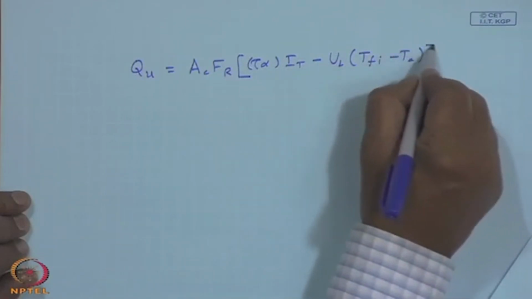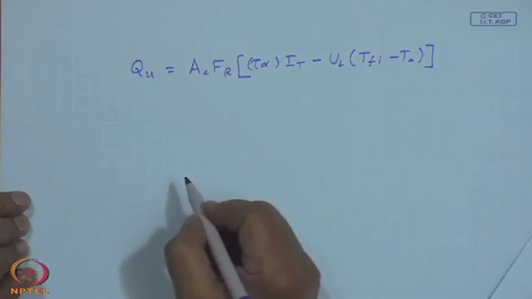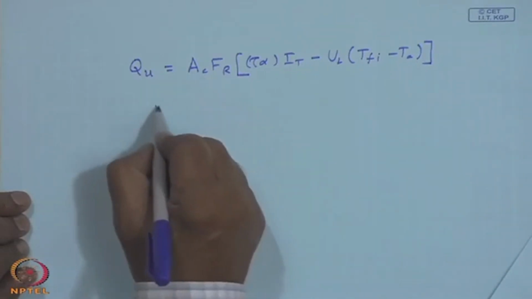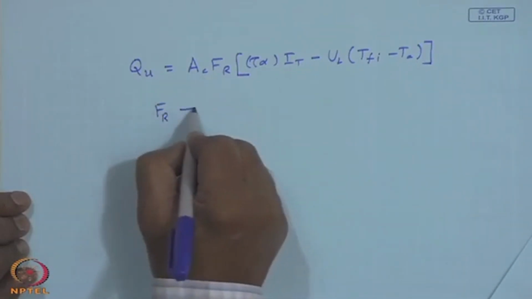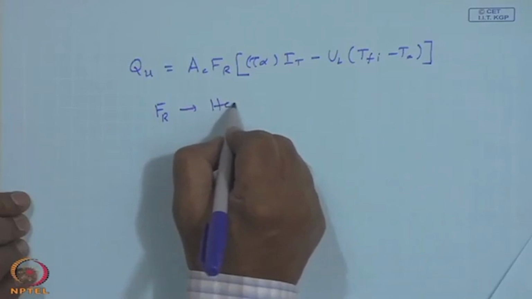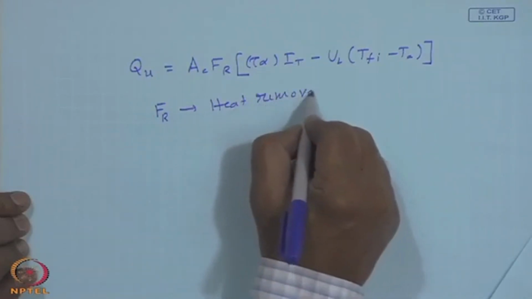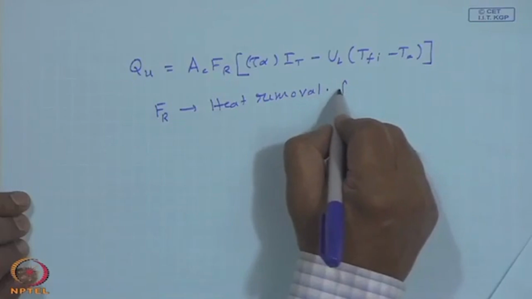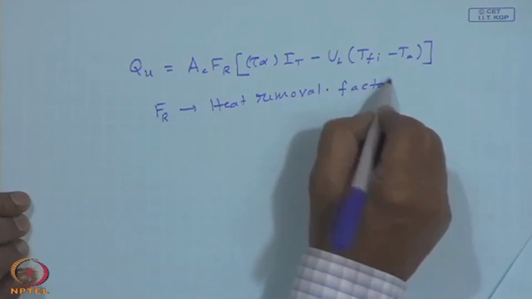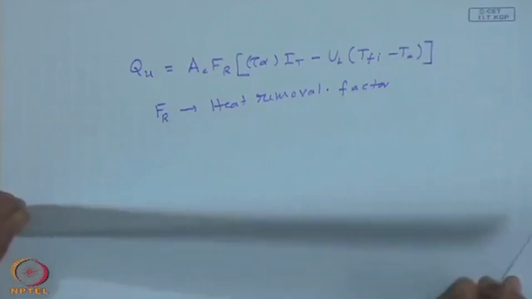So, there can't be any ambiguity about it, and the factor FR we already defined as the heat removal factor, which is in a way analogous to your heat exchanger effectiveness.